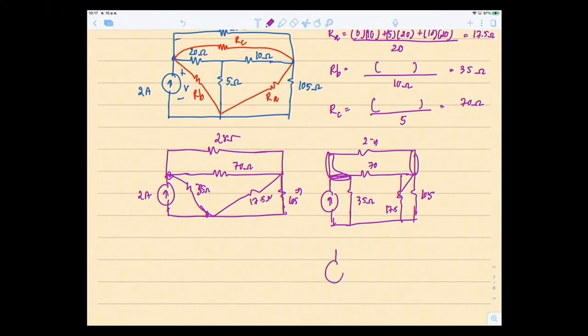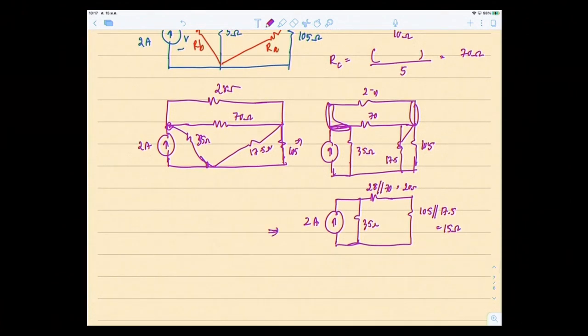So you have 35 ohms, and 28 parallel with 70 equals 20 ohms, and 105 parallel to 17.5 equals 15 ohms, and this is the 2 amp source. Therefore, we want to find V, which is right here. We haven't altered the position of V. It's still across the 2 amps.